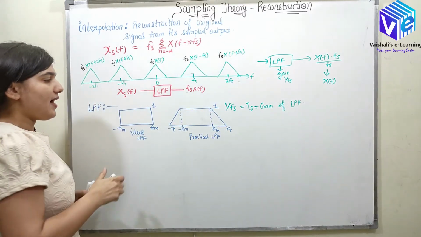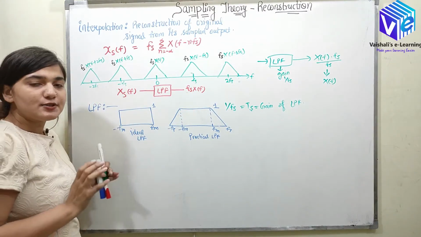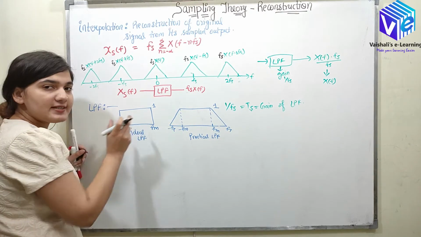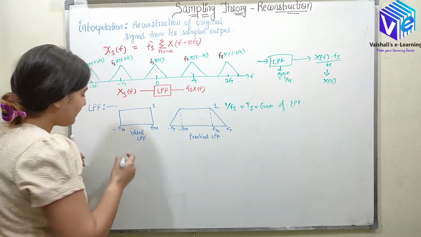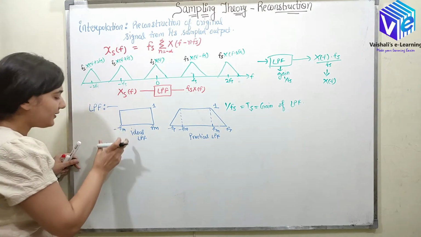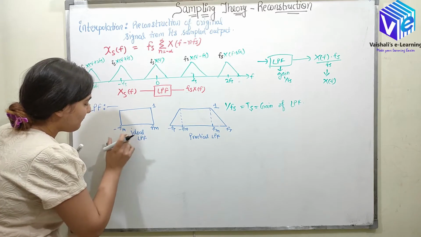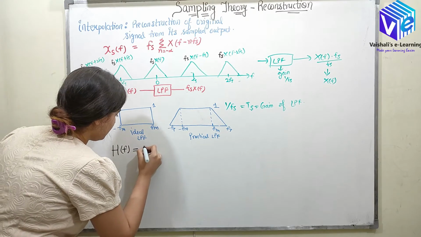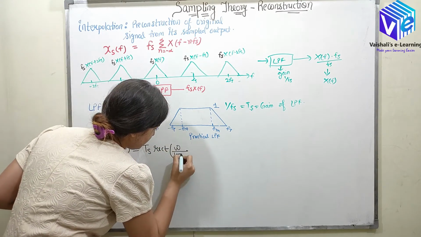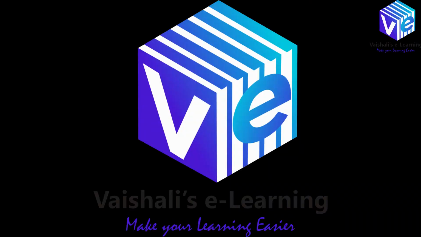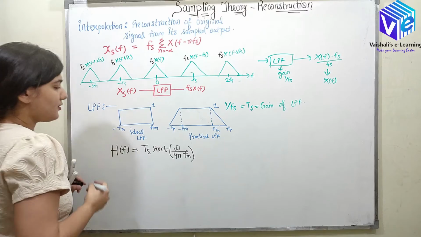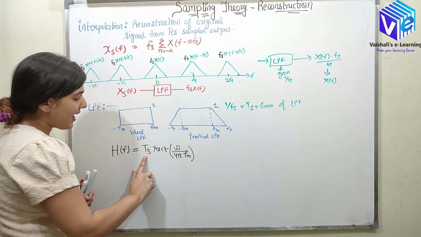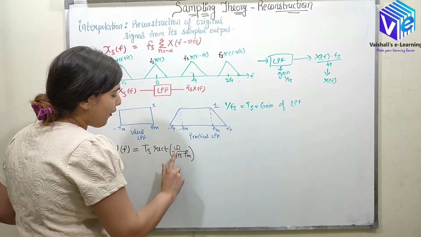Now I represent this filter as a perfect square, a rectangular function. The transfer function of this filter in the frequency domain is represented by Ts rect(omega upon 4 pi Fm).